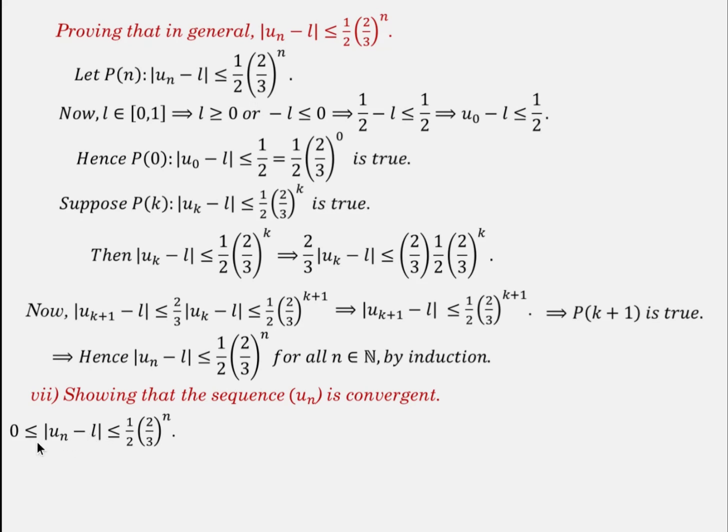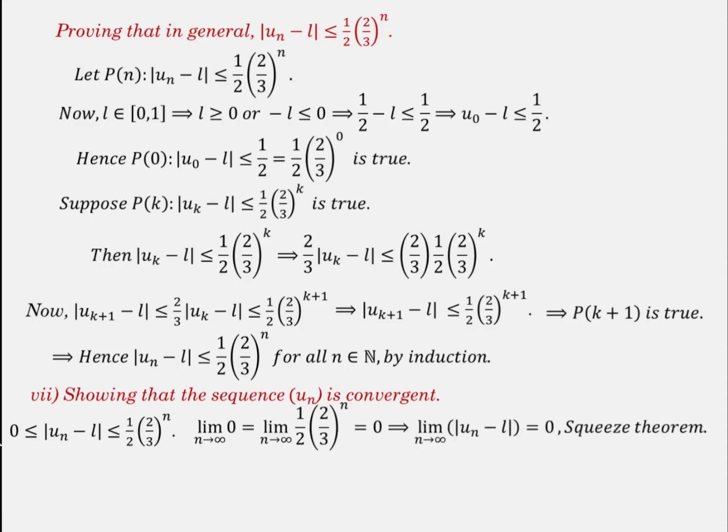So in order to do that, we would simply find the limit of all the parts of this inequality, compare them, and then see how to arrive at the limit of u_n. So taking the limits of all the parts of the inequality there, we would have that the limit as n tends to infinity of 0 is equal to the limit as n tends to infinity of half into (2/3)^n.